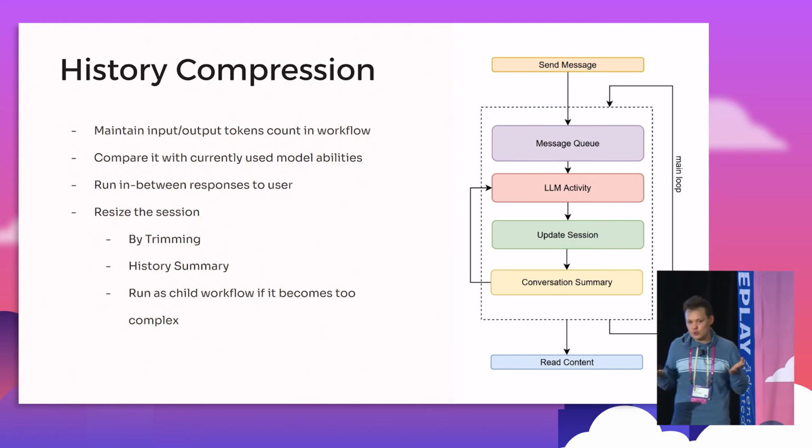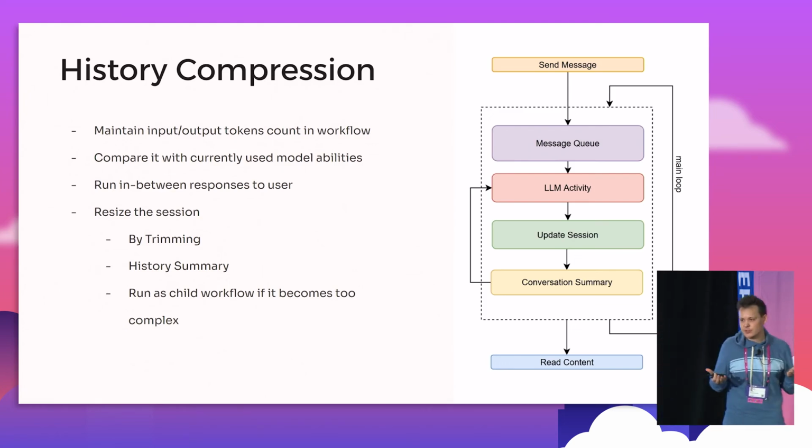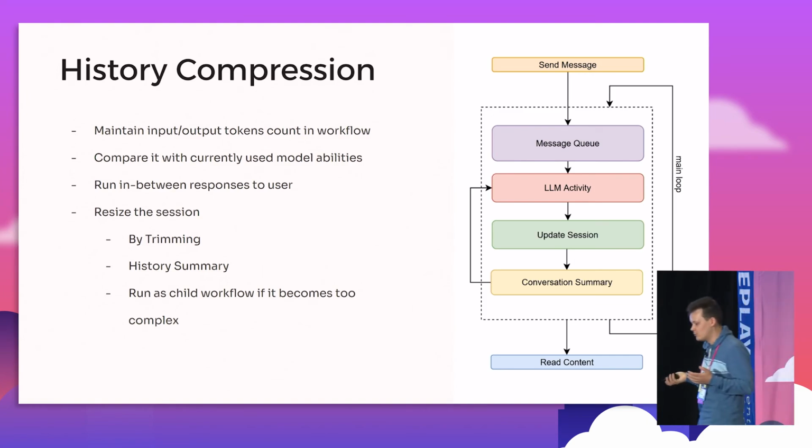In essence, all you do is summarize the past messages, put them back into the history or context or the prompt, and run again. The user won't even notice. However, from the agent's perspective, it starts from a blank slate, just knowing something from the past.